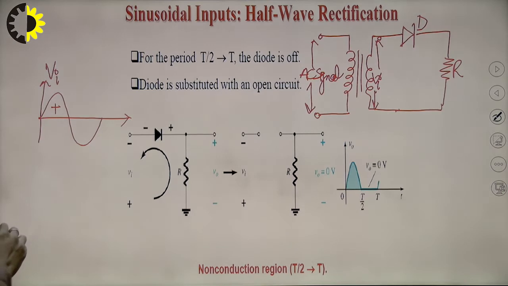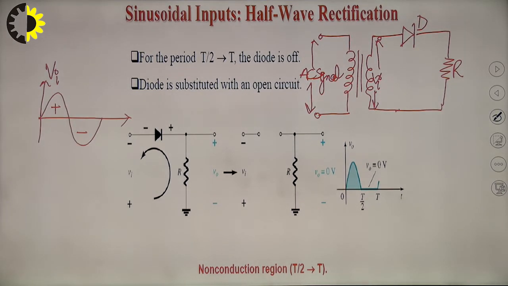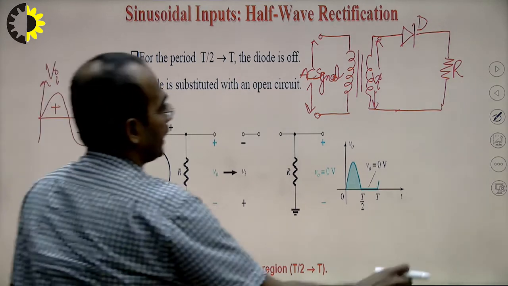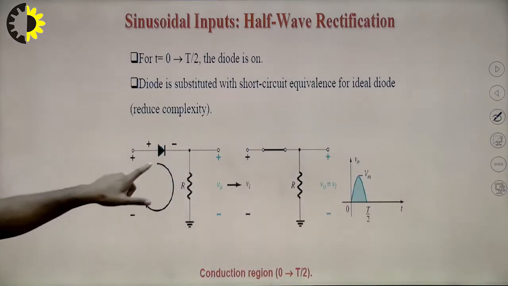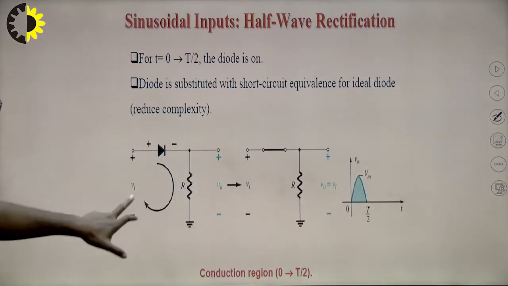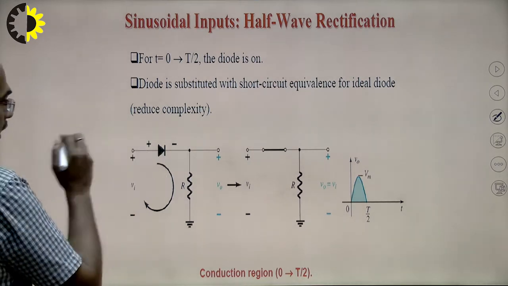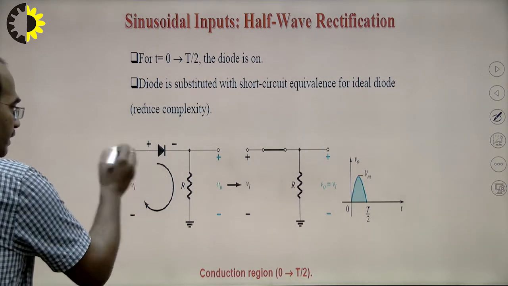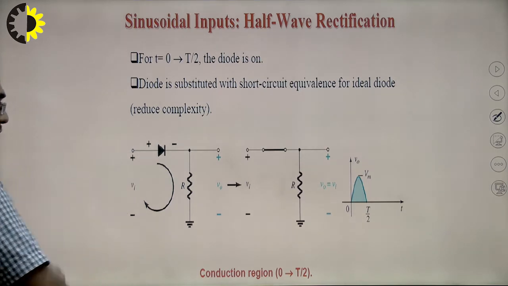I am writing plus here, and for the negative half cycle I am writing negative. This is the circuit for the positive half cycle. When we apply the positive half cycle, this diode will conduct. How will this diode conduct? For the positive half cycle, I will consider that the positive sign comes here and the negative sign comes here.